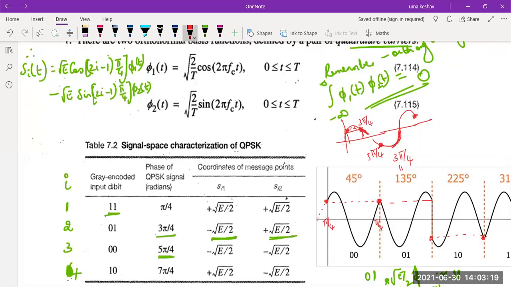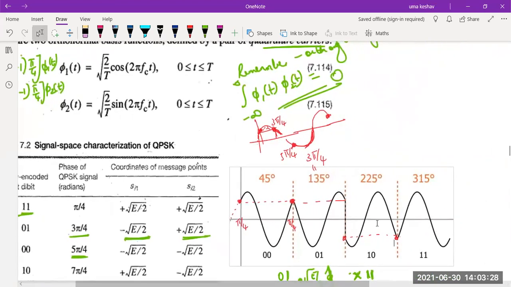And the last one is to start and end at 315 degrees. If you are starting at 315 degrees, you can notice which point that is. This is 7 pi by 4 or 315 degrees.